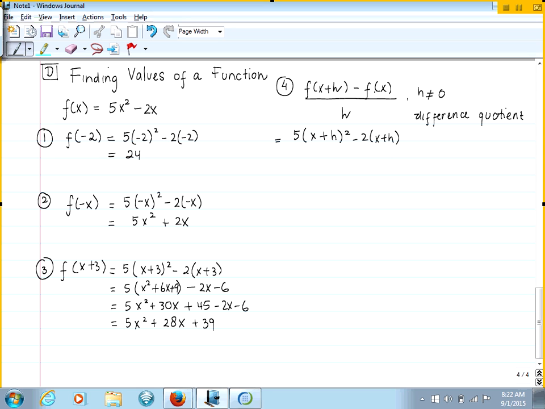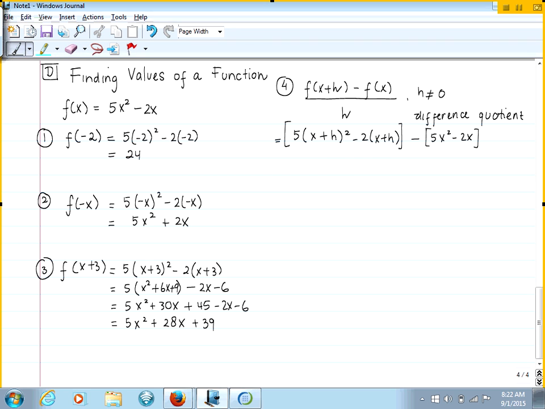So this portion is f of x plus h, isn't it? Okay, good. Minus f of x. What is f of x? Yes, 5x squared minus 2x.